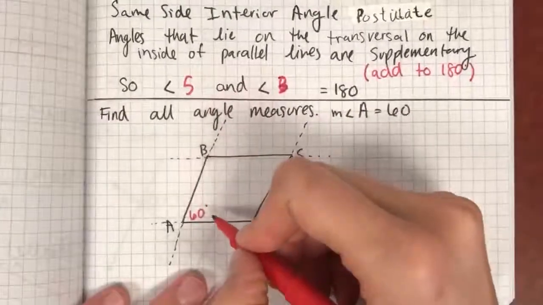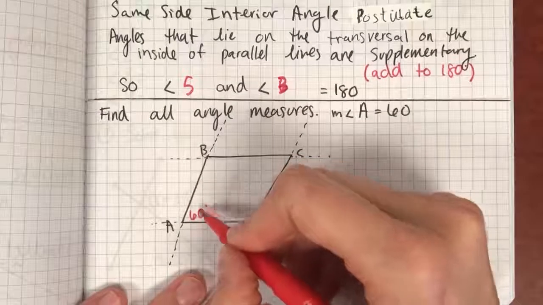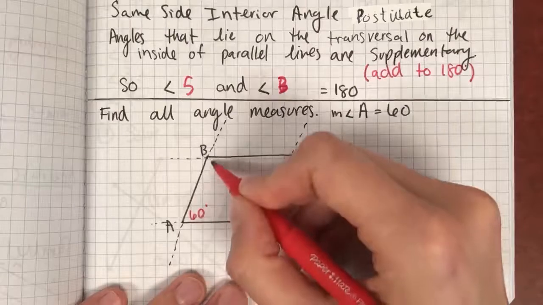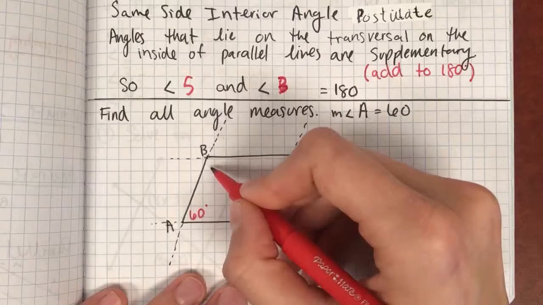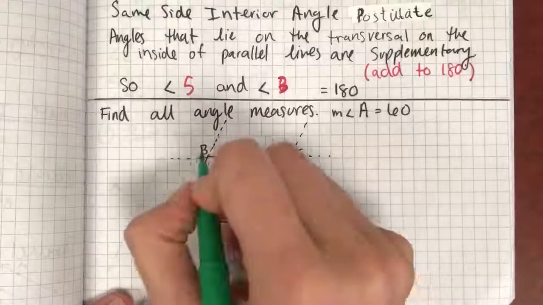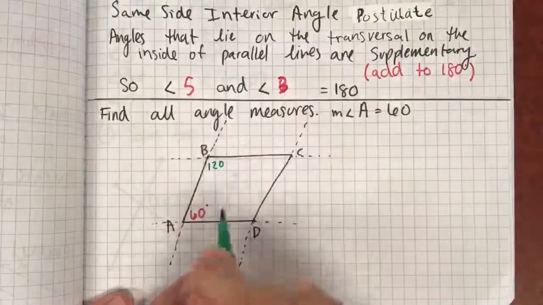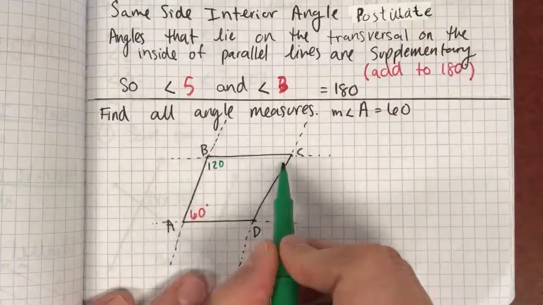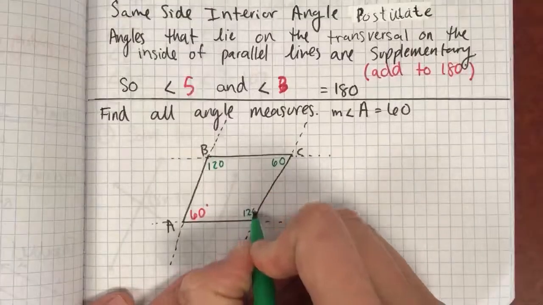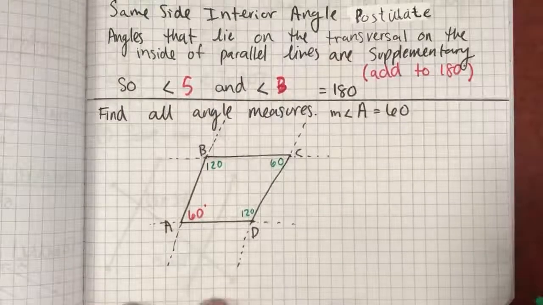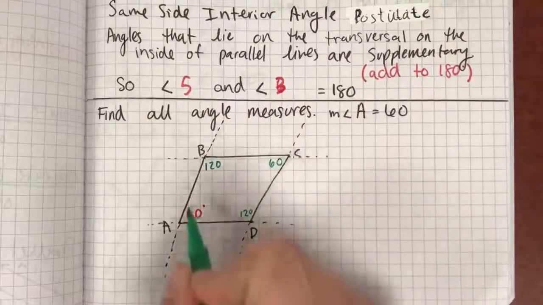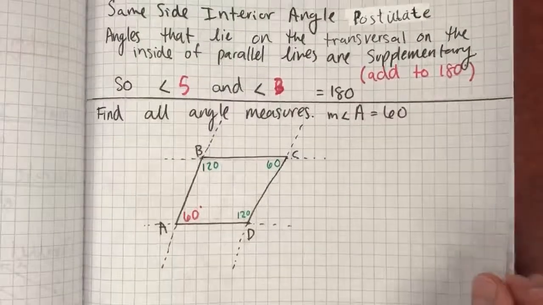If I know from that same side interior angle, these two should measure up and be the same, they should add up to 180. Okay, so 180 minus 60 is 120. Again, 180 minus 120, here this would be 60. 120, okay? There's lots of ways we can find this, but that's one of the easier ways.